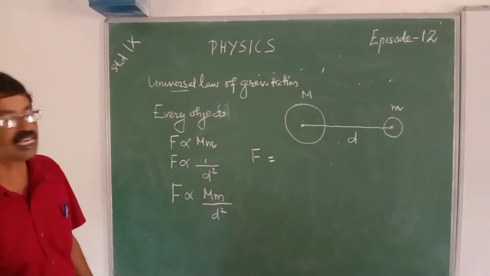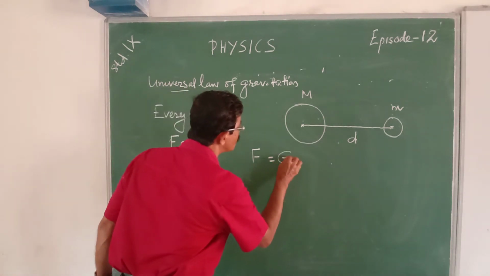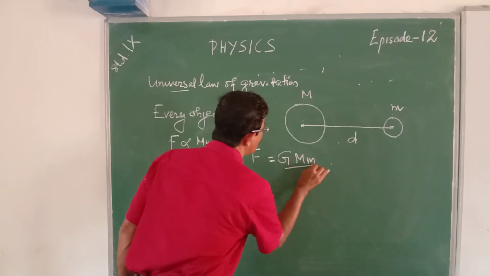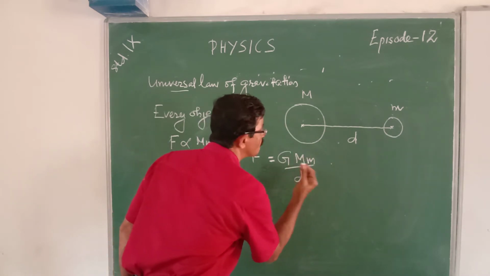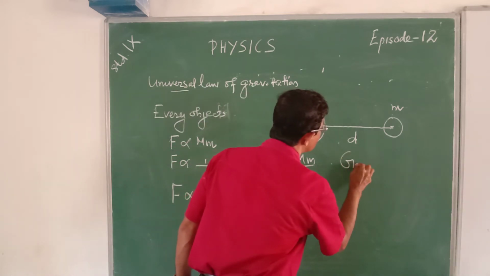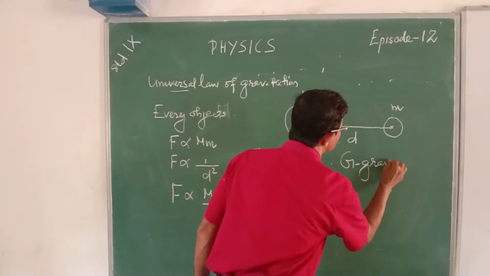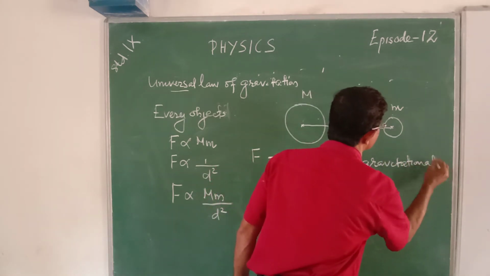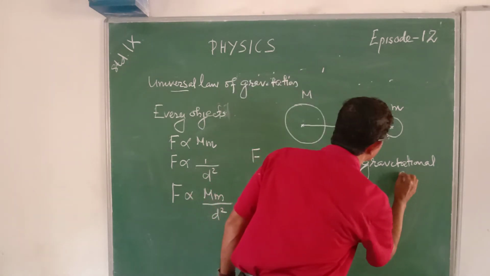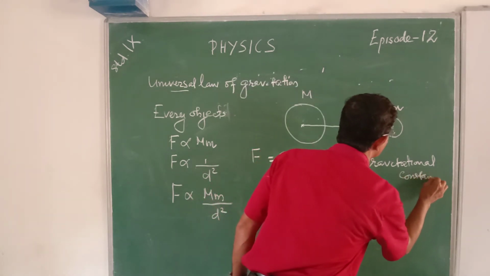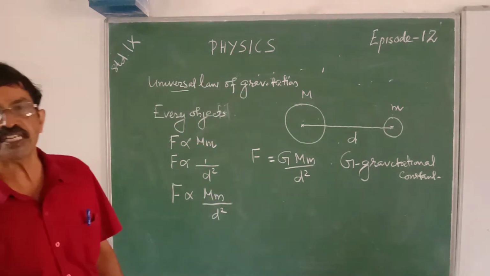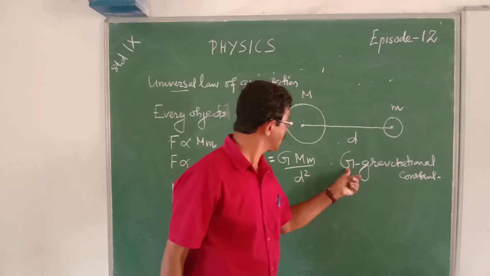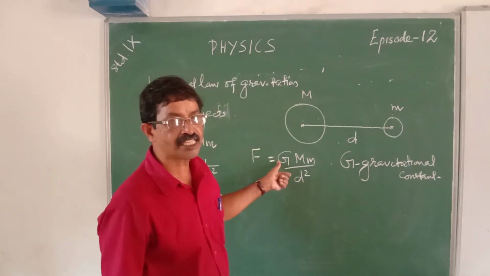For that, we need a constant. Here that constant is capital G, and the remaining quantity is M m by d square. This G is called the gravitational constant. G is the constant of proportionality.